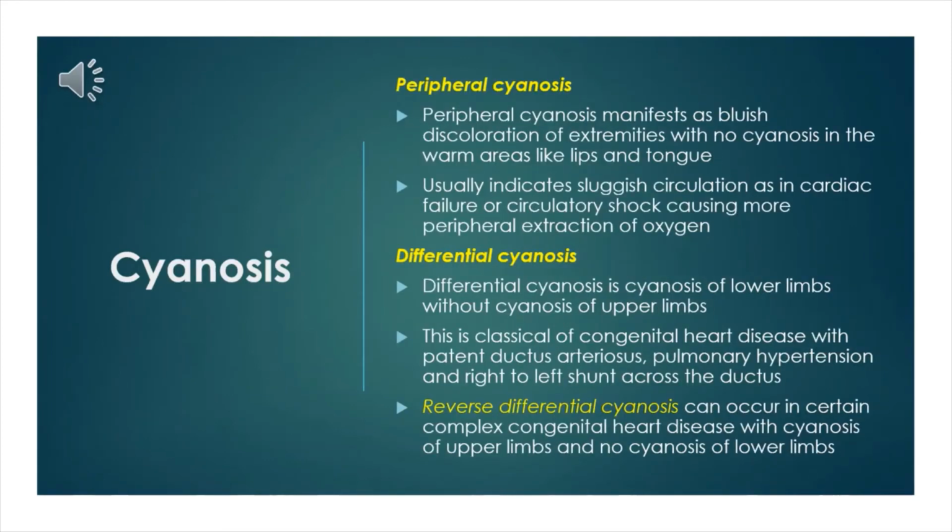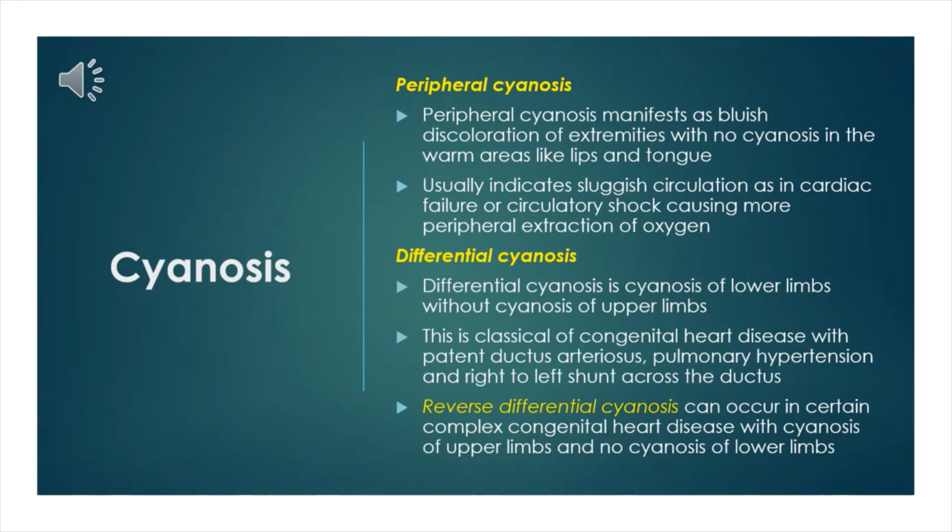Peripheral cyanosis manifests as bluish discoloration of extremities with no cyanosis in the warm areas like lips and tongue. It usually indicates sluggish circulation as in cardiac failure or circulatory shock, causing more peripheral extraction of oxygen. Differential cyanosis is cyanosis of the lower limbs without cyanosis of the upper limbs.